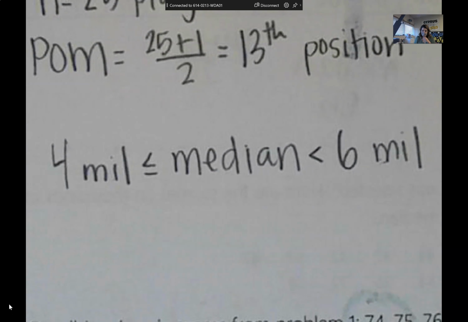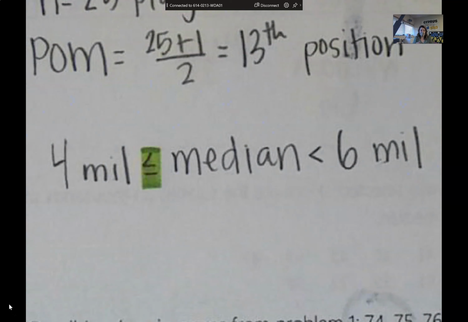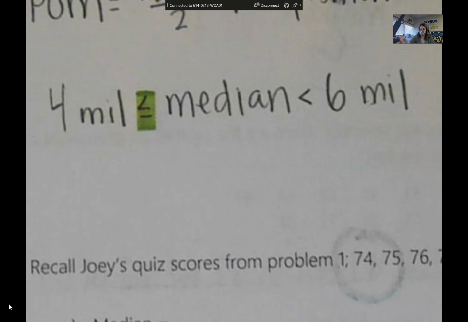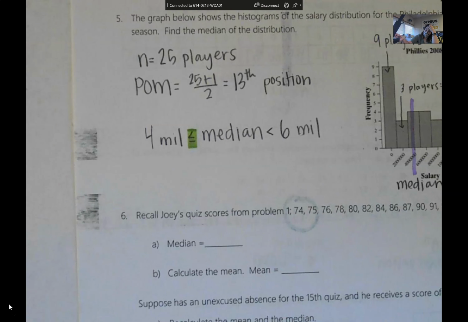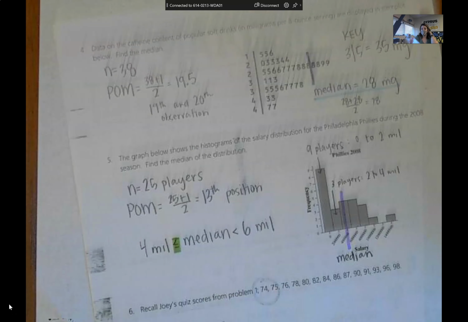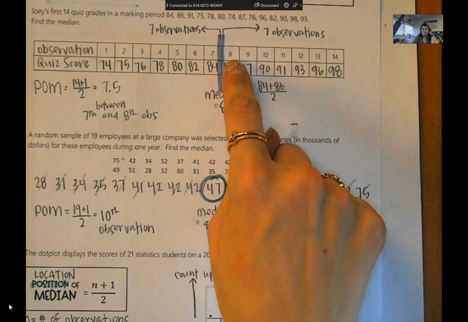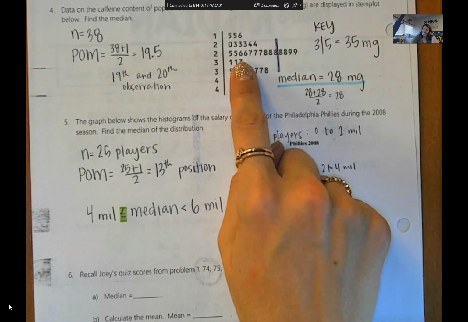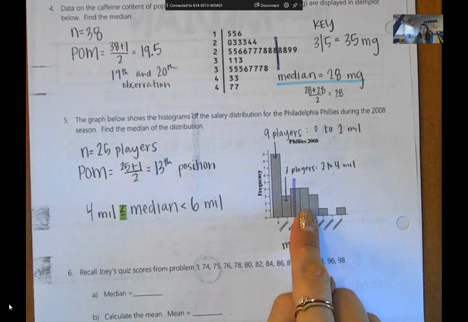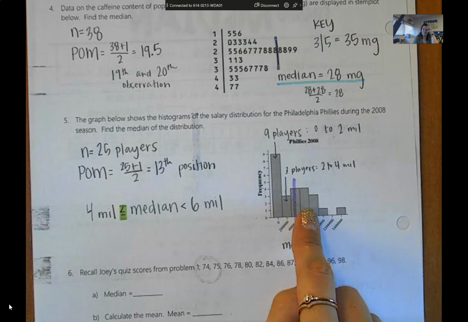Does that make a smidgeroo of sense? A little bit? Okay, so now we only have one more problem in this median set. So hopefully now, no matter what kind of problem they give you, whether it's a complete data set, a dot plot, a stem plot, or a histogram, you feel comfortable finding the median.